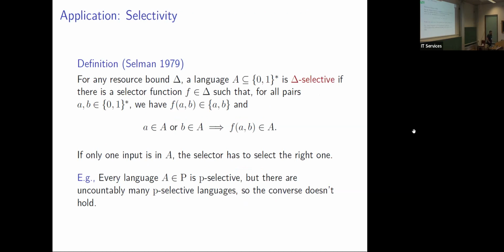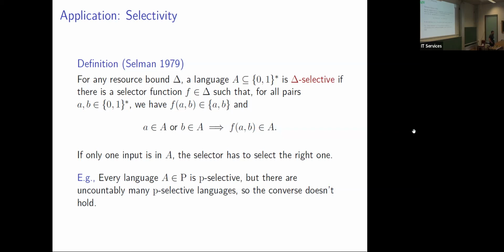We use this to study selectivity. For a resource bound delta, a language A is delta-selective if there's a selector function f in delta such that for all pairs A and B, f of AB is in {A, B}, and if A is in the language or B is in the language, then f of AB is in the language.